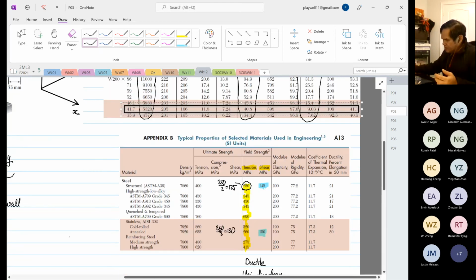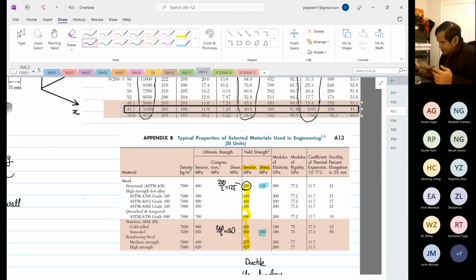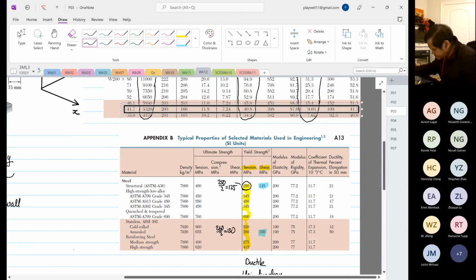Your task is to select the right material. What material to use? Should you use structural ASTM A36, or standard AISI 302, or reinforced steel, medium strength or high strength? Just to give you a bit of a scenario over here.